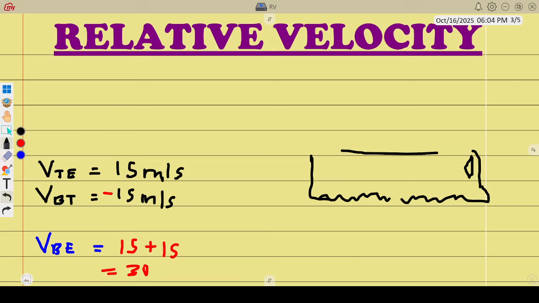Let's say we have this train, moving forward with a speed of 10 meters per second, and then a ball. Okay, I'm now going to give an example of a person.